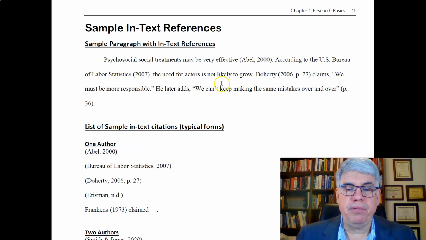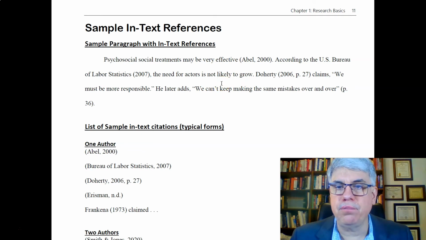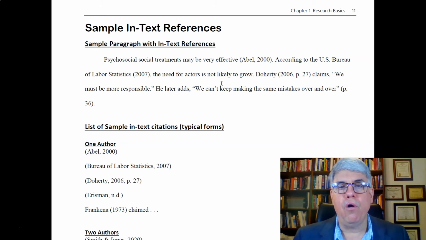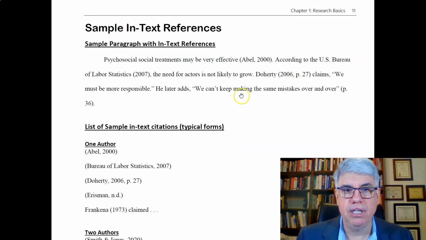Now, the one exception to this rule of author and date is when we've got a direct quote or a reference to a table or a reference to a specific page, then we need to put in the page number. So here we have Dougherty, 2006, page 27, claims we must be more responsible.